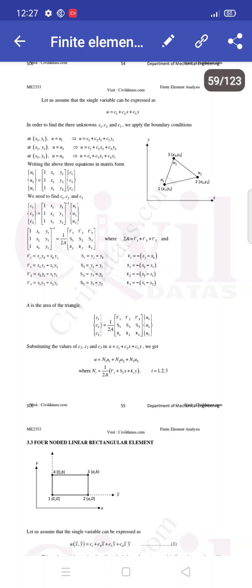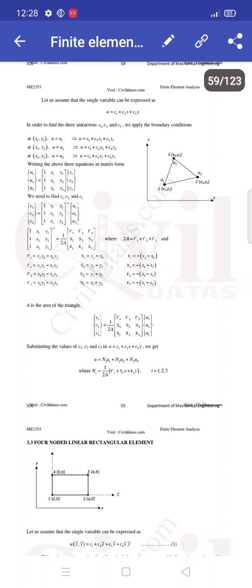Writing the above three equations in matrix form, the vector u1, u2, u3 is equal to the matrix 1 x1 y1, 1 x2 y2, 1 x3 y3, times the vector c1, c2, c3. We need to find the values of c1, c2, c3.